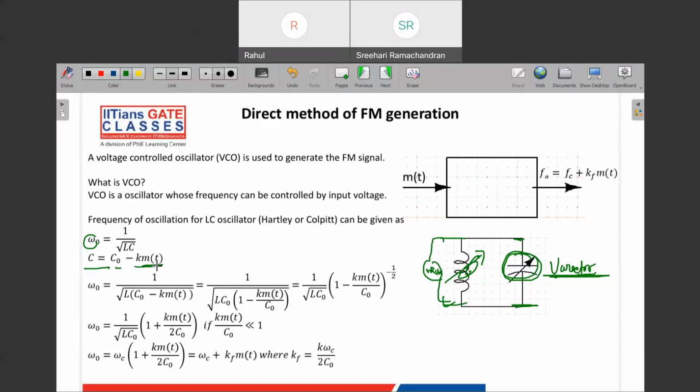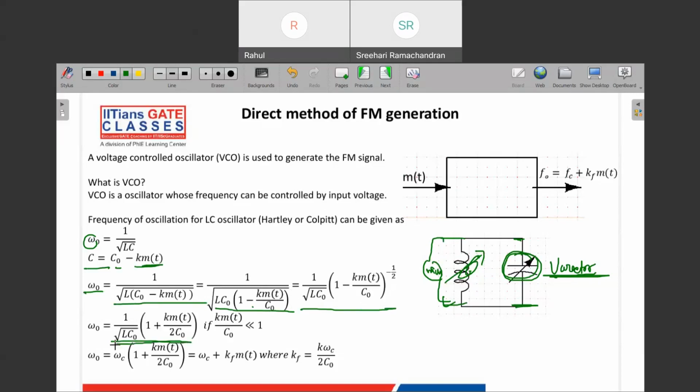Once you put this C here, omega naught will be equal to this, or you can write it like this, or like this. It's just a rearrangement. Now if K into m(t) divided by C naught is much less than 1, this complete thing you can write like this.